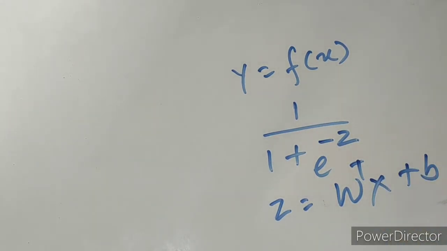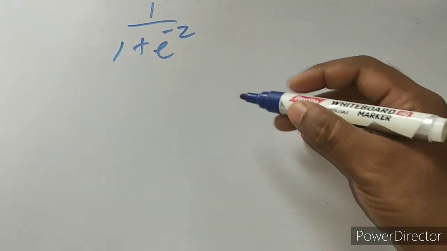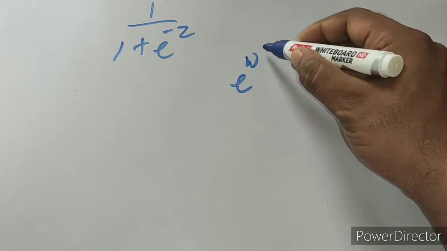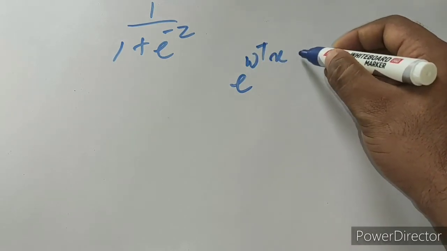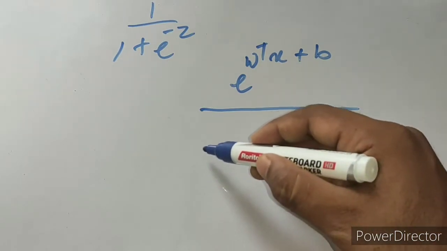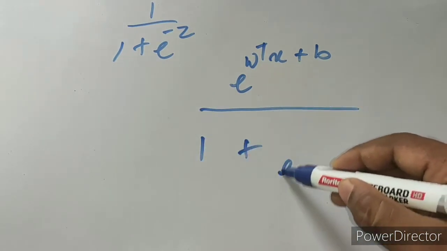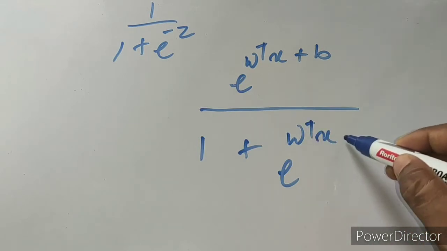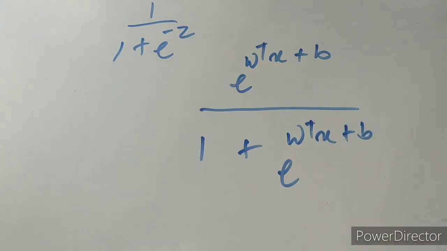We can write a similar kind of function like e to the power w transpose of x plus b divided by 1 plus e to the power w transpose of x plus b. So both functions are equal.